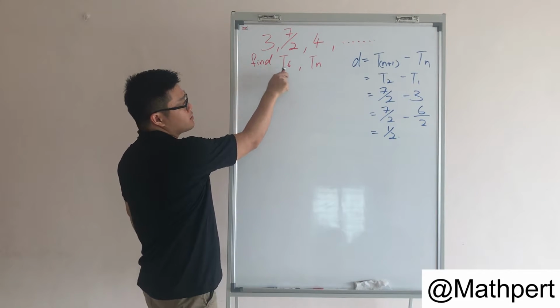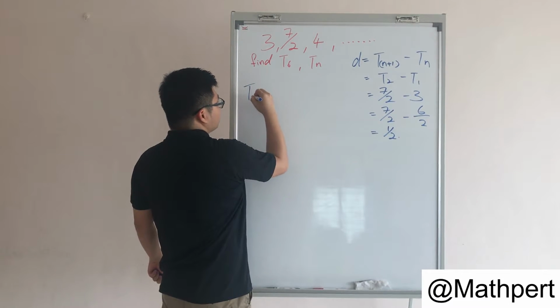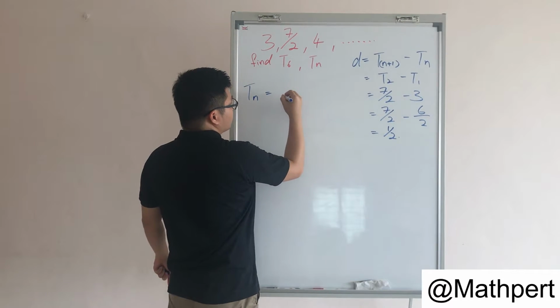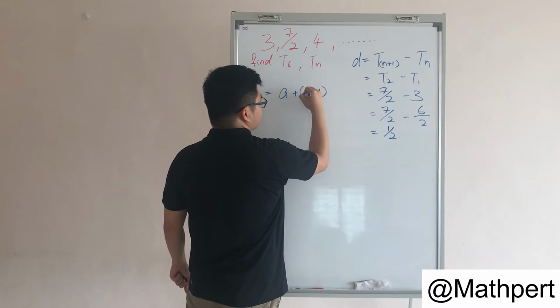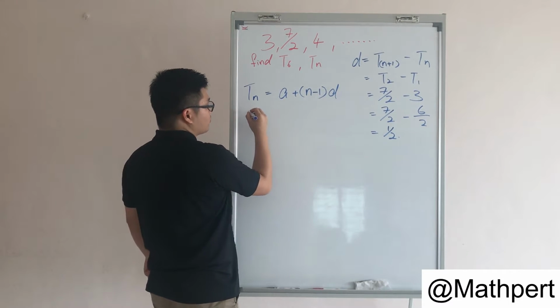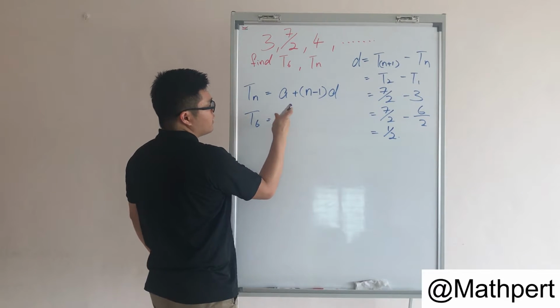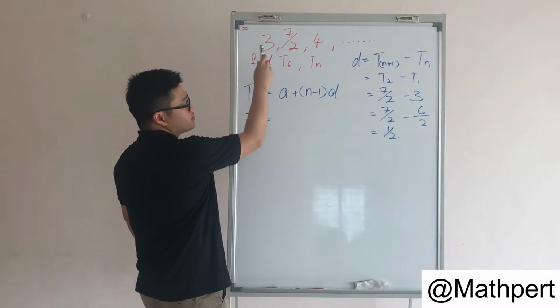Now let us find T6. Tn equals a plus (n minus 1) d. So we are asked to find T6. a is the first term. The first term in this question is 3.